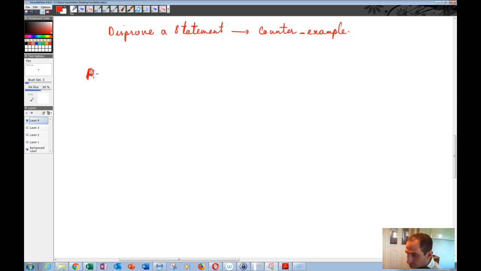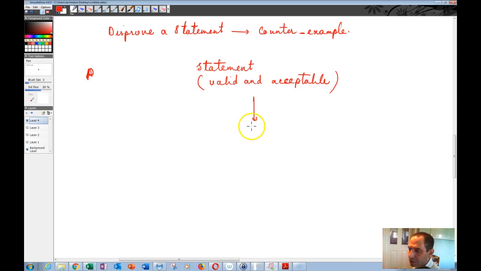and then that takes care of the whole statement, because we said that a mathematical statement is valid and acceptable if and only if it is either true or false.